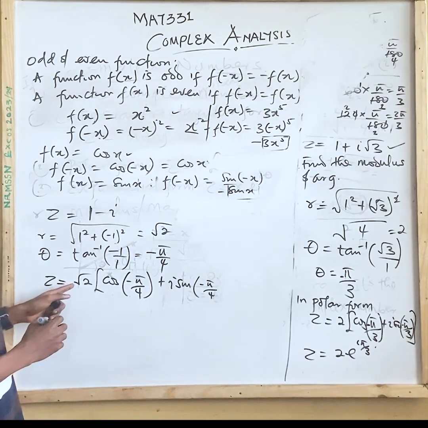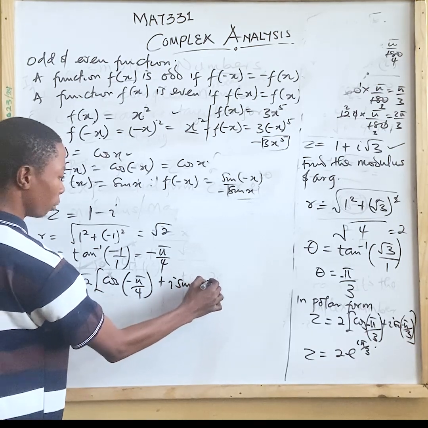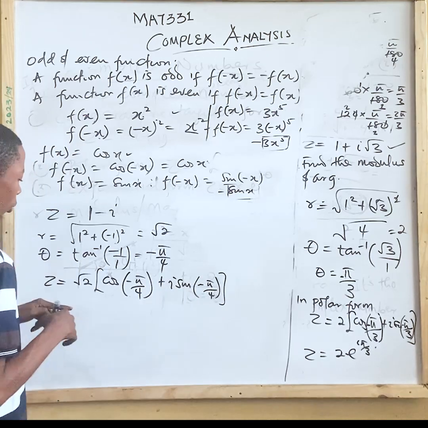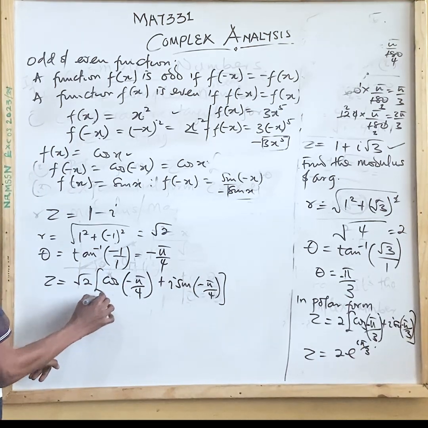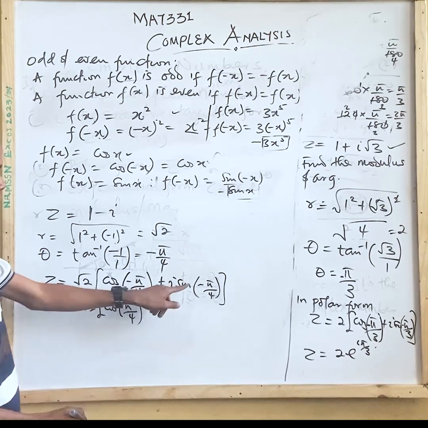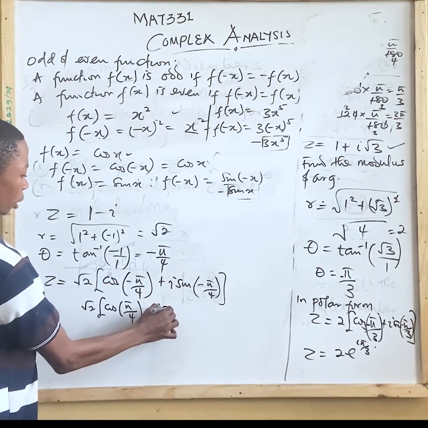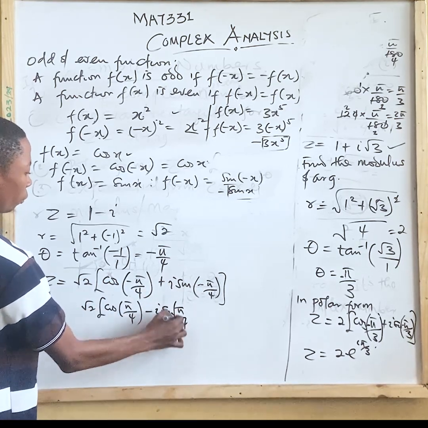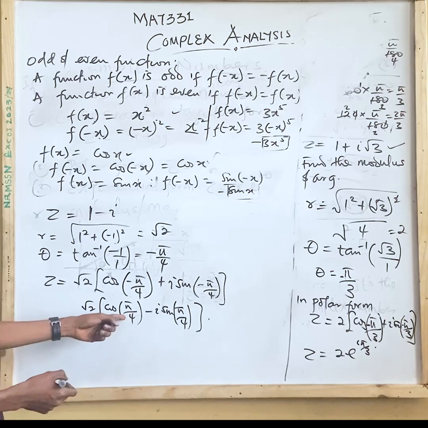So z equals root 2 into cos pi over 4 plus i sine minus pi over 4. Because cos is an even function, pi over 4 will remain as cos pi over 4. Sine is an odd function, so that minus will move out to turn it into minus i sine pi over 4. So that is how to express the complex number in polar form.